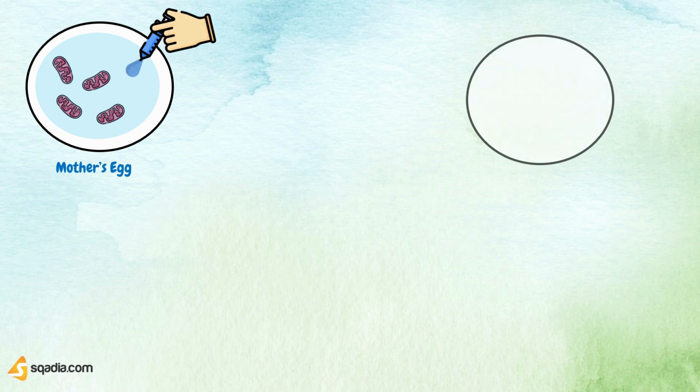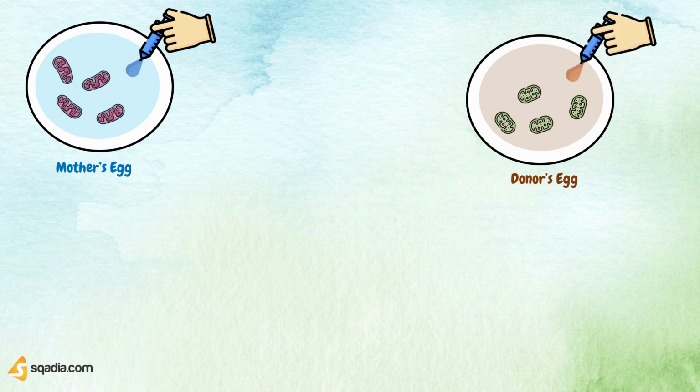Mother's egg having mutated mitochondria. So, the nucleus is removed from the mother's egg. Donor's egg having normal mitochondria. So, the nucleus is also removed from the donor's egg.